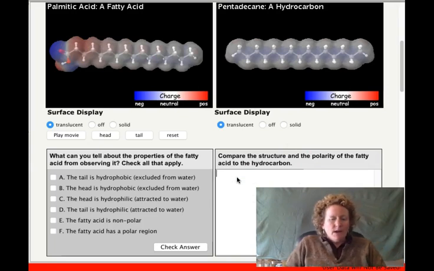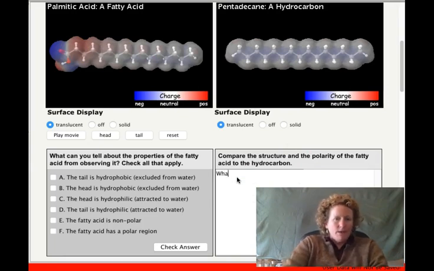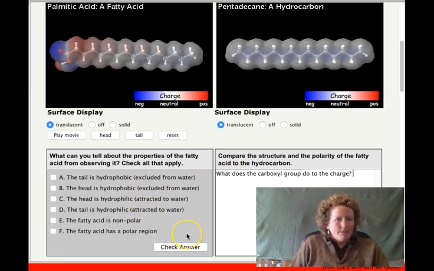What happens when you add oxygen? What does the carboxyl group do to the charge? That can help you answer that question. Remember, if you're polar, if you're charged, water likes you.